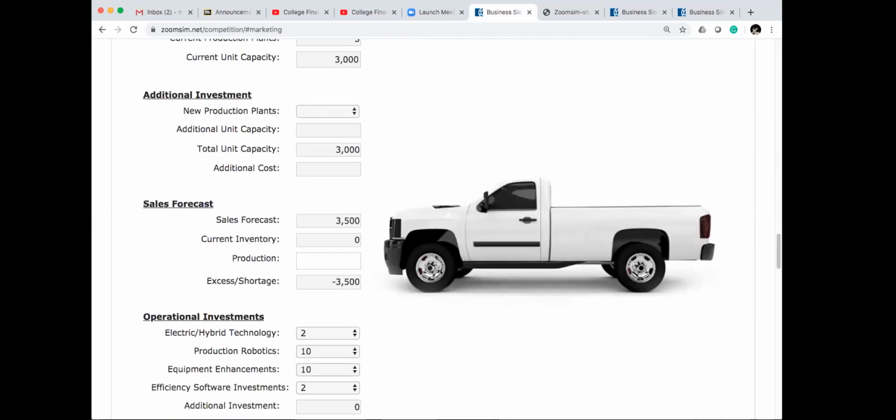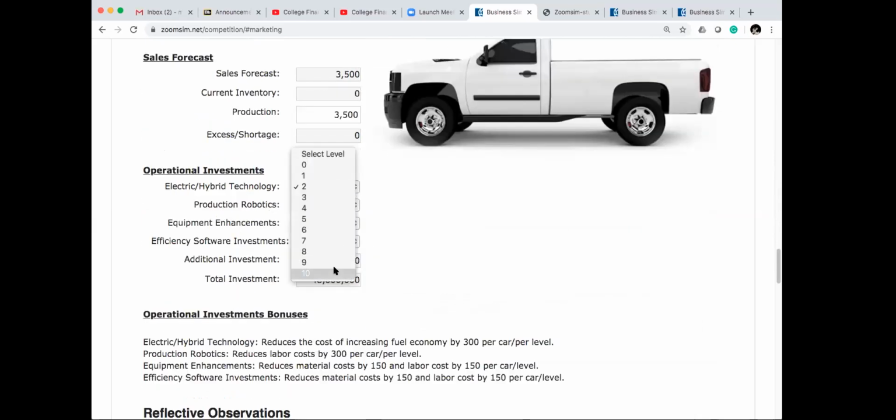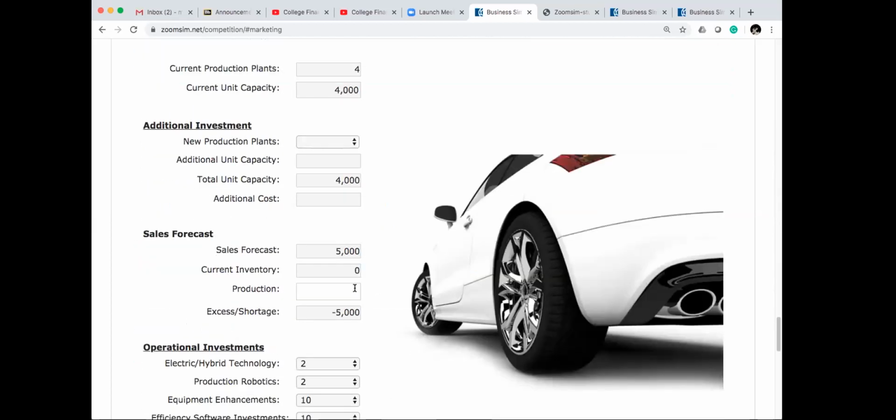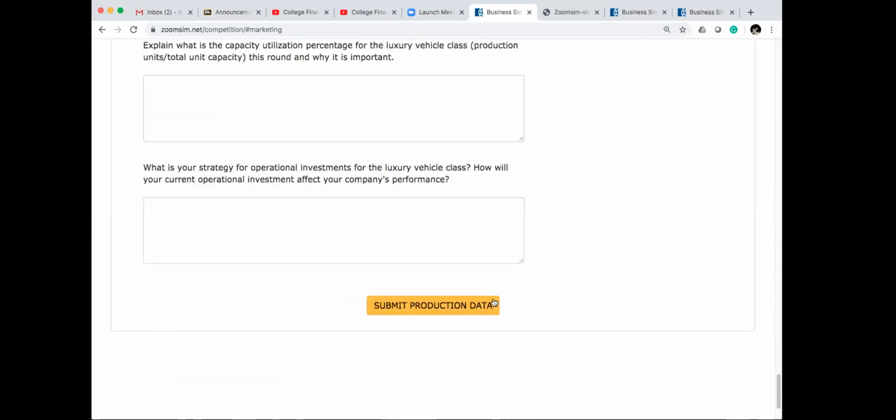And also, I'm going to buy a new factory here. It also makes the cost reductions higher in the next round, so I'll be able to have even higher profit margins moving forward. But this is going to cost a lot of money because I'm buying a lot of production plants and I'm spending a lot of money on operational cost reductions.